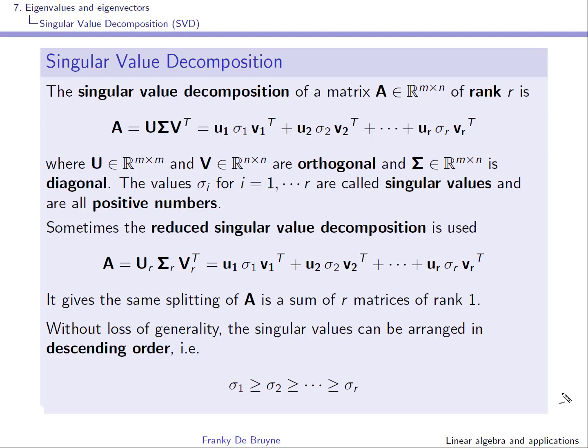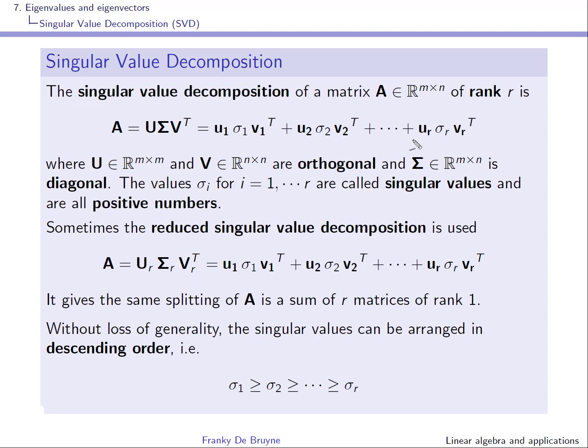Well, this is what we had obtained in the previous whiteboard explanation. We have decomposed A as U sigma V transpose. You can rewrite it as a sum of matrices of rank 1, and in the sum you have r terms where r is the rank.